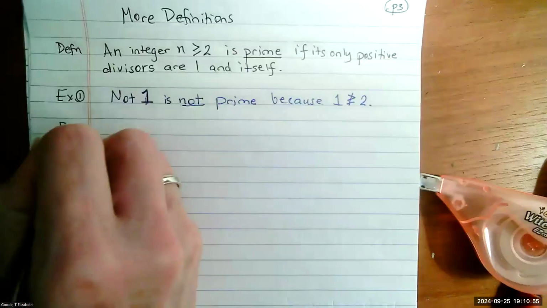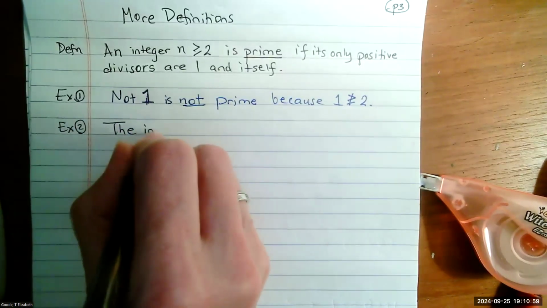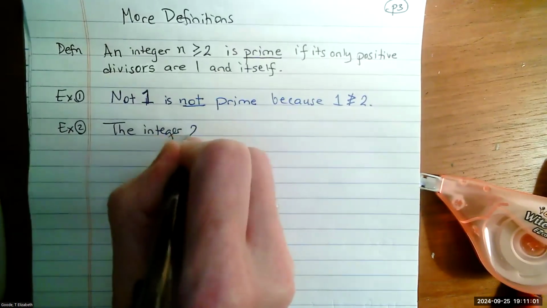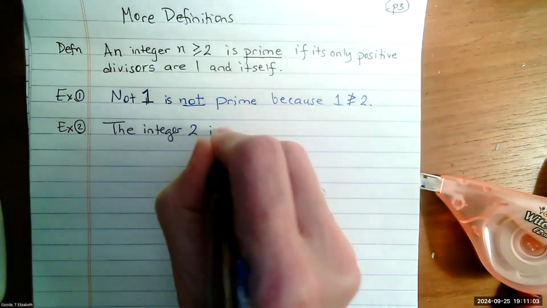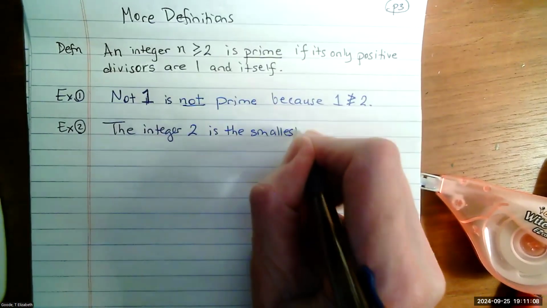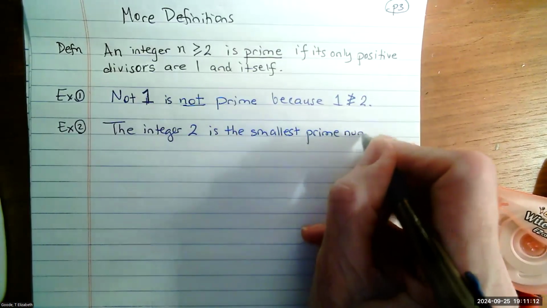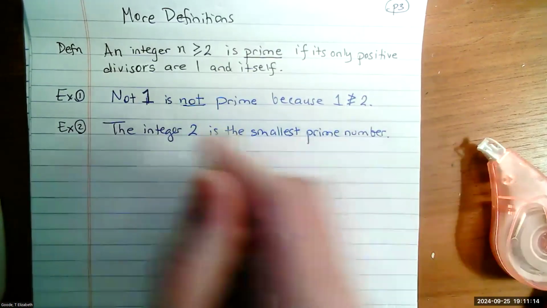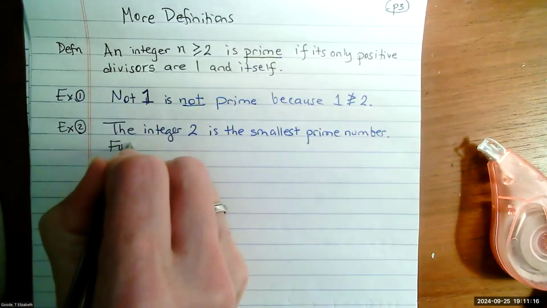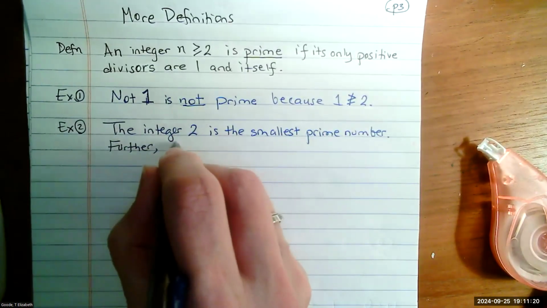Example 2. The integer 2 is the smallest prime number. It is also the only even prime number. Further, it is the only prime that is even.